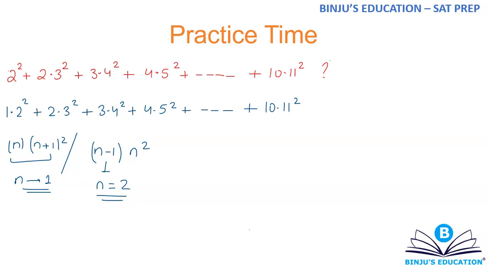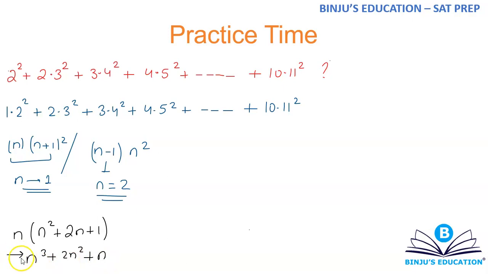These kinds of evaluations you require in order to solve a question. If you have n into n plus 1 square, this will become n into n square plus 2n plus 1, and multiplying this by n, this will become n cube plus 2n square plus n.